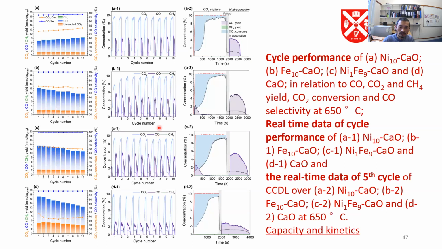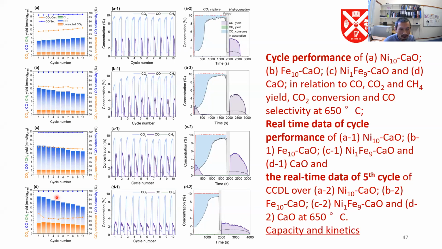In terms of the performance, the first one, the top layer, is nickel-based calcium oxide, and the second one is iron-based calcium oxide. The third row is nickel-iron-based calcium oxide. The last one is the calcium oxide-based.